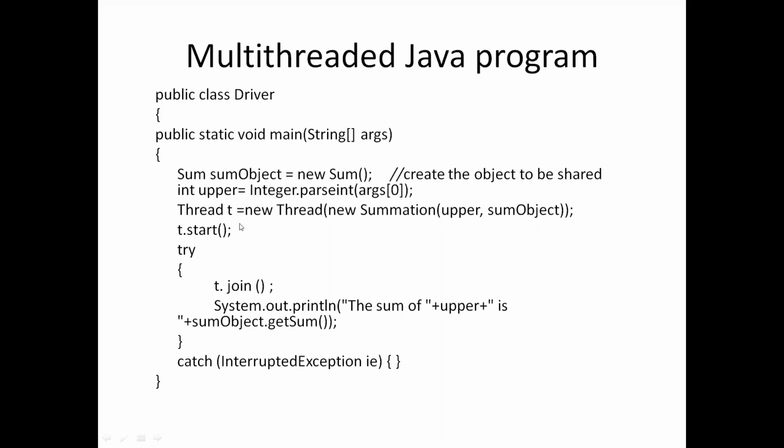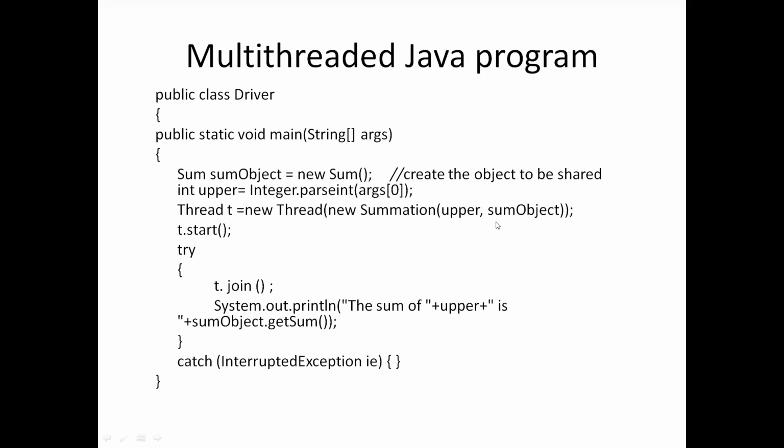Next, here we are creating a thread object. The thread object is created by using the Thread class. Thread is the name of the class, and the object of the thread is T, which we declared. T is the name of the thread object.